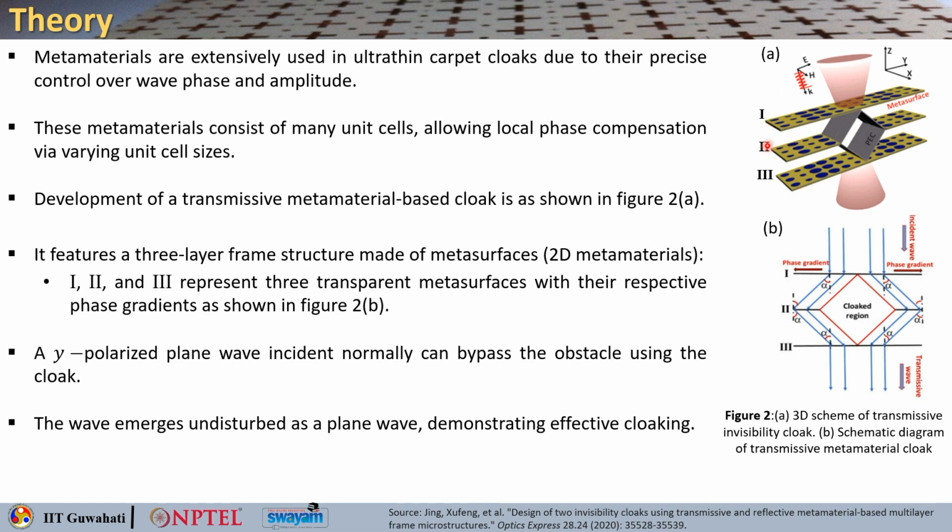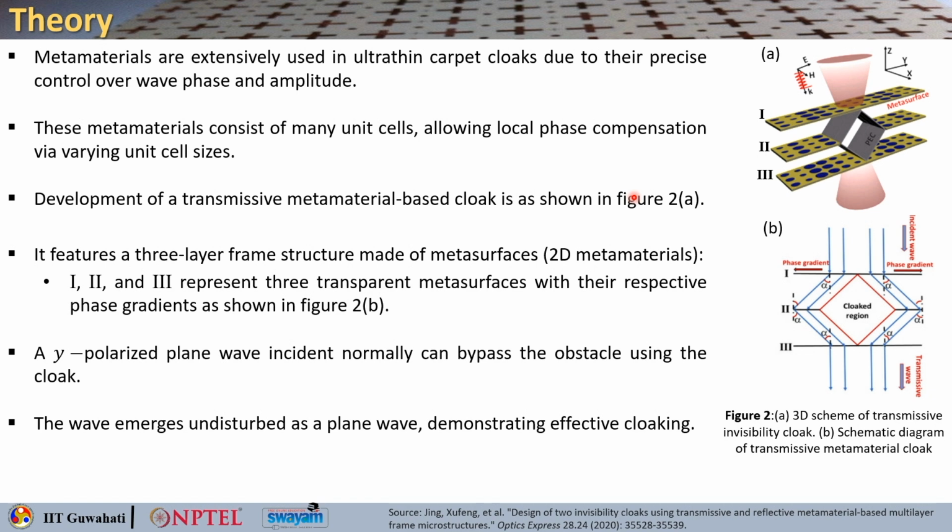So, these layers 1, 2 and 3 are basically the 3 transparent metasurfaces with their respective phase gradient. So, you can see that the unit cell sizes are not the same throughout, they are basically changing. And this is the direction of the electric field and the magnetic field and the wave vector. So, what we are considering here is that the electric field is along the y vector.